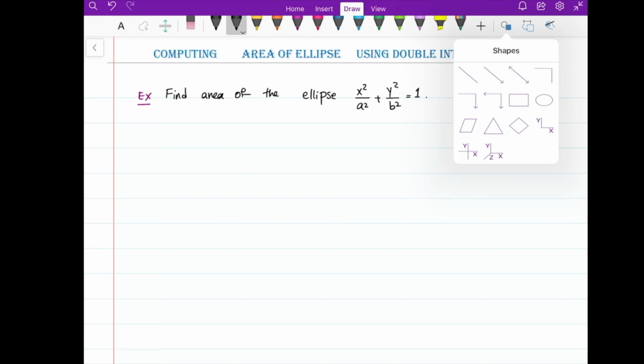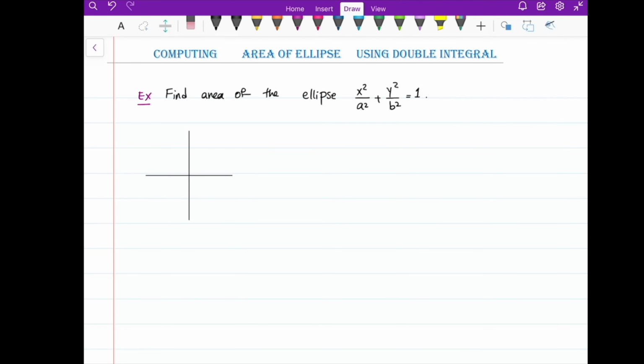First, I would like to graph the ellipse. This is the x-axis, this is the y-axis. So you see, the equation of the ellipse is this. If x is equal to 0, then this part would be 0, so I get y squared equals b squared, so y would be plus minus b.